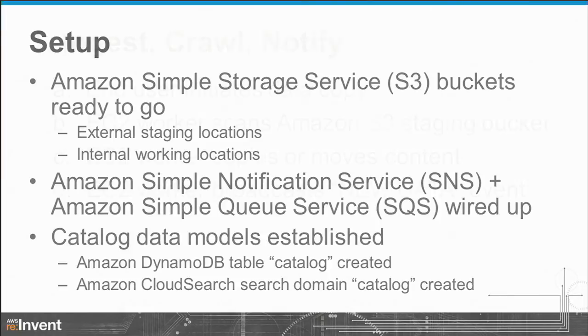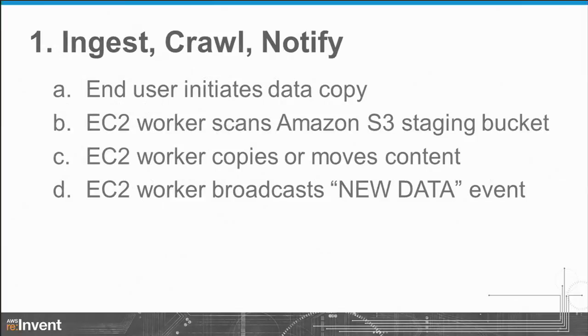skeleton. Once those are all set up and wired together, as we step through the workflow, the system will monitor the ingest of new files getting copied up to the cloud. We have an EC2 worker, which is running in an auto-scaling group, multi-AZ. It scans S3 for the staging content, then moves the content to another bucket and informs the rendition threads to start their job.